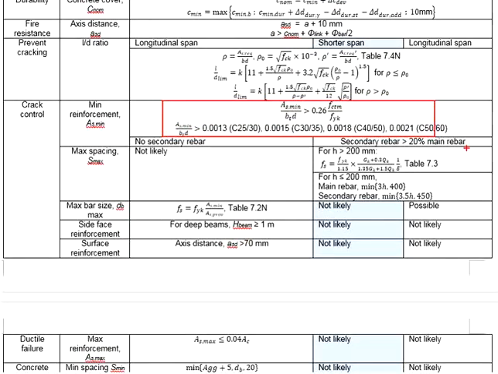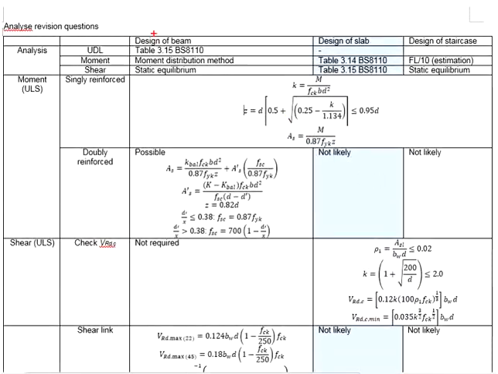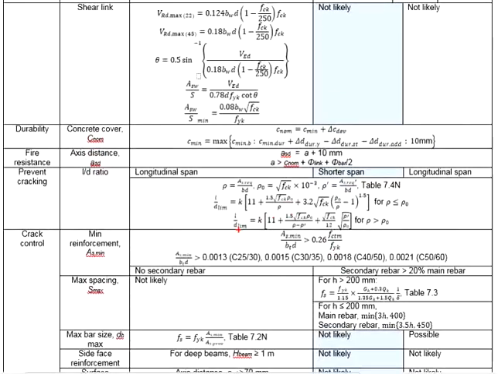Other than this, there is a requirement for the AS-min for the secondary rebar. The secondary rebar should have the areas at least 20% of the areas of the main reinforcement bar. In the case of the reinforced concrete beam, there is no secondary reinforcement bar.